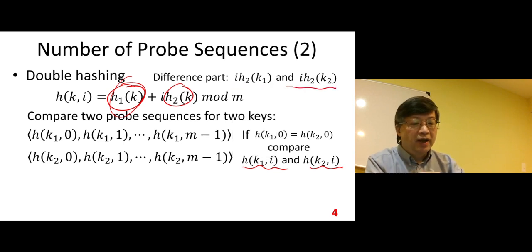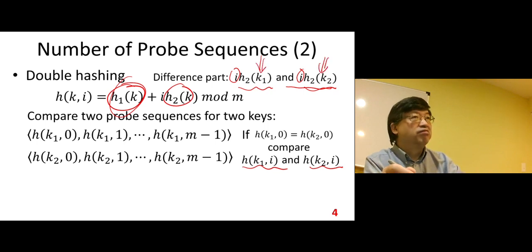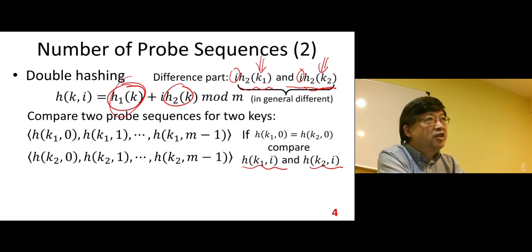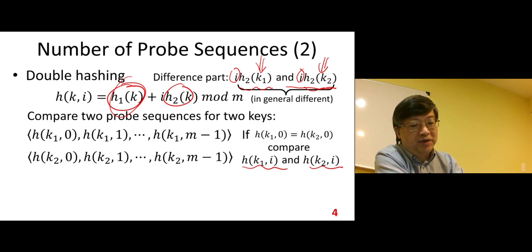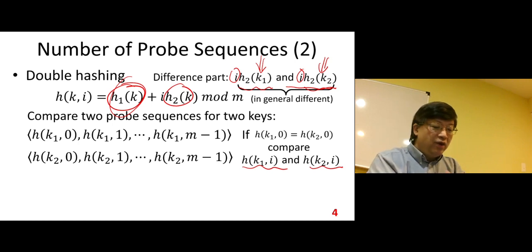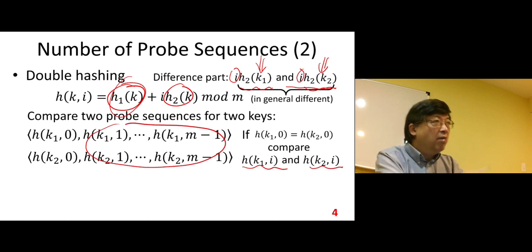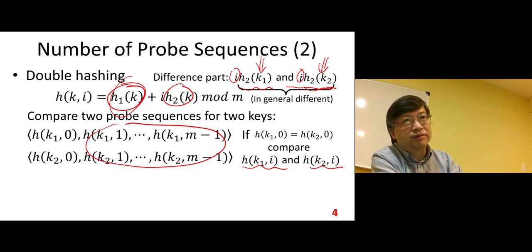The i part is the same, so we do not look at the i part. Let's look at the H part. For two different keys, same or not? In general, different. In special cases, they could be the same. Very special case. But in general, they are different. So this tells us that for the remaining numbers in the sequences, most of the time they are different. Only in rare cases could they be the same.